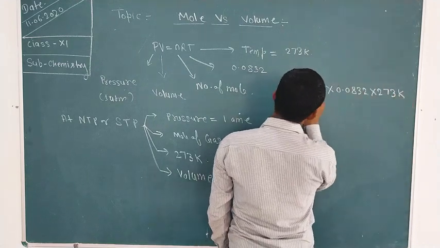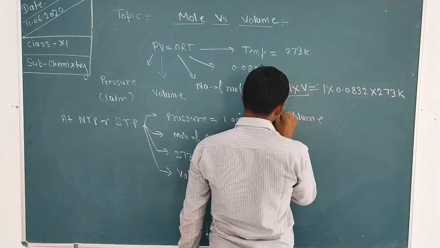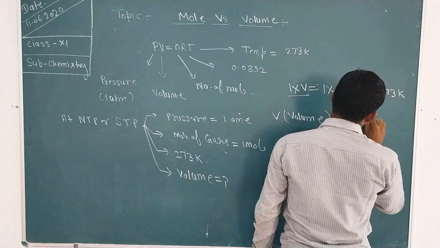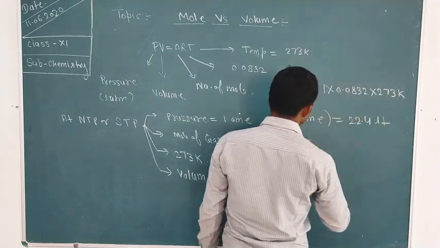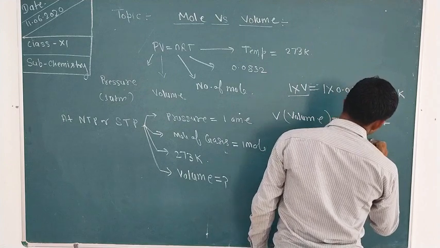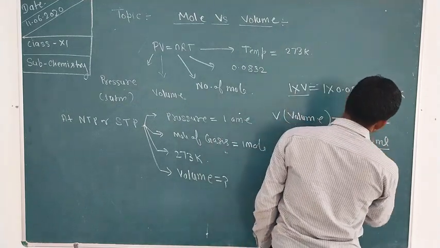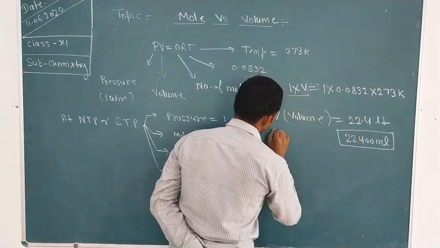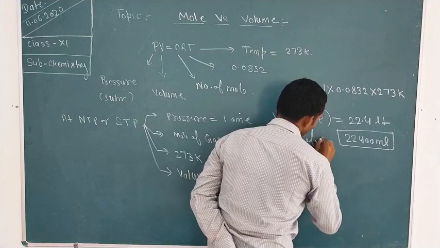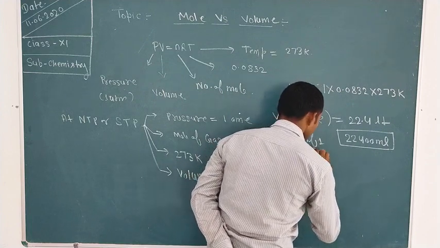If we find the value of V, the volume, then we find that it is 22.4 liter. In case of ml, this value converts to 22,400 ml. Okay? So this is the volume of 1 mole of gas.